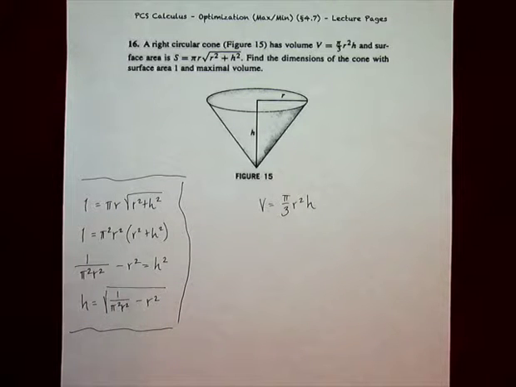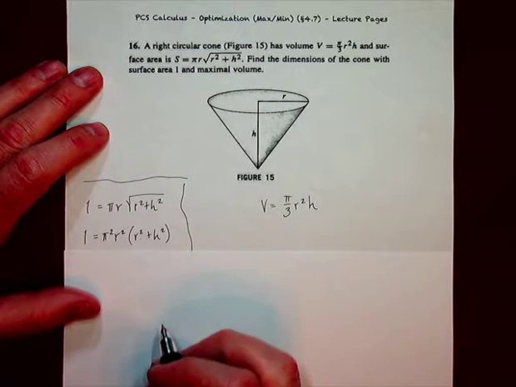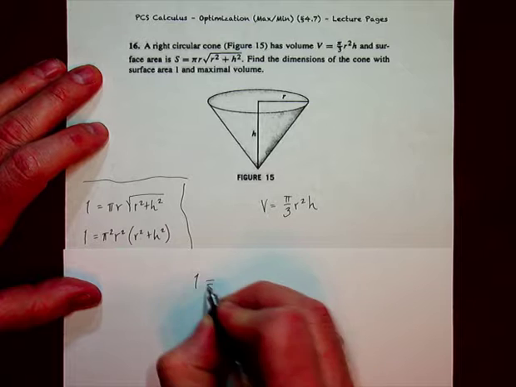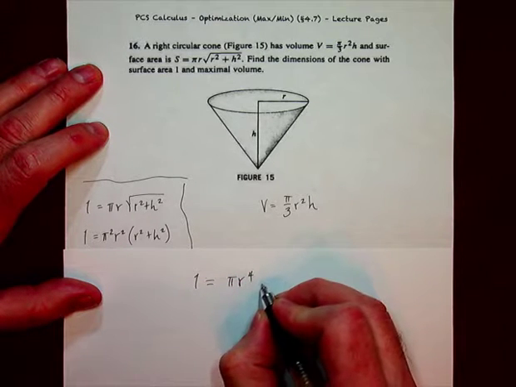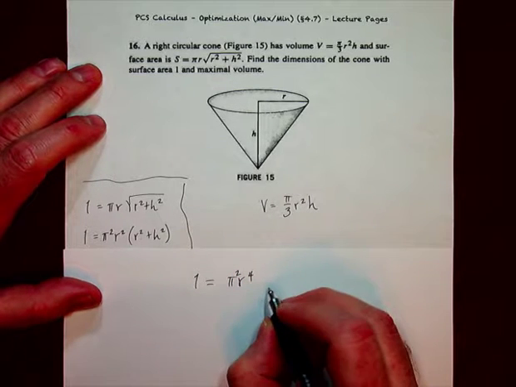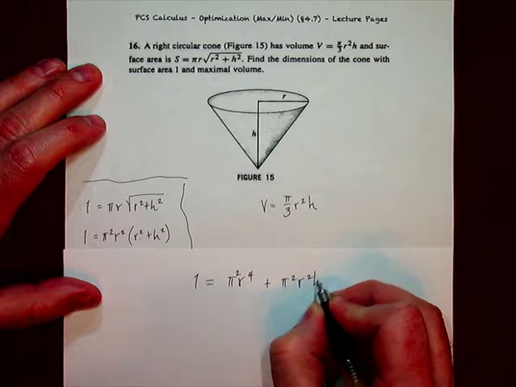Here, I'll indulge this just for a second. Once you get to here, you could go, well, that's 1 equals pi r to the 4th, or pi squared. See, I almost forgot the square on the pi. See, even I do it. So pi squared r squared h squared.